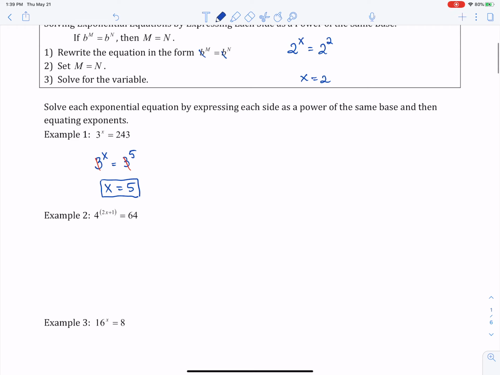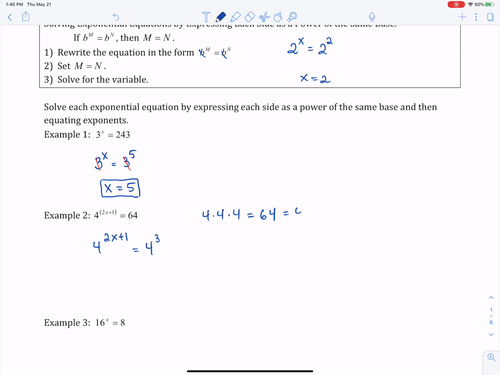The next problem, 4 to the 2x plus 1 is equal to 64. Well, I know that 4 times 4 times 4 is equal to 64. So 4 to the 2x plus 1 is going to be equal to 4 to the 3rd.